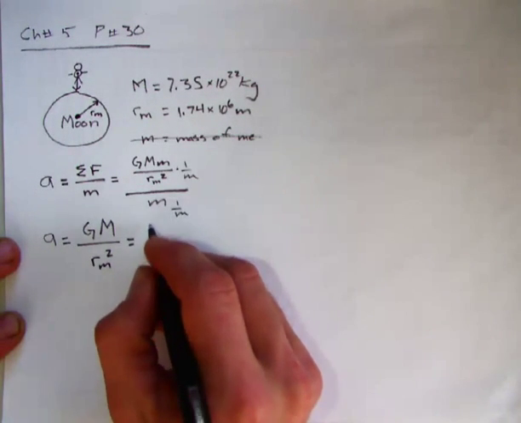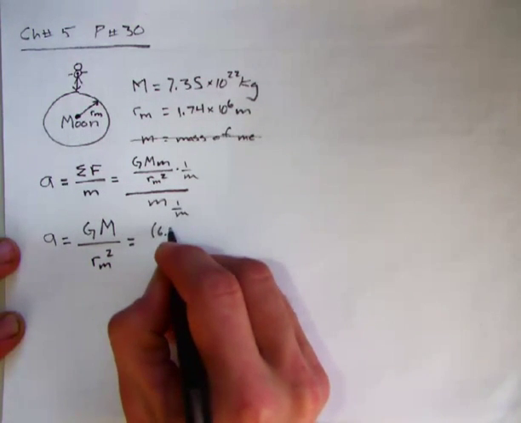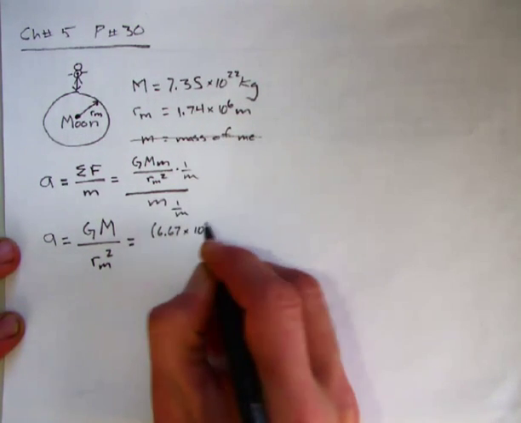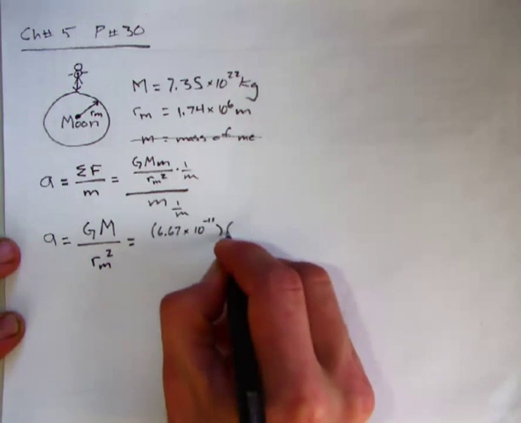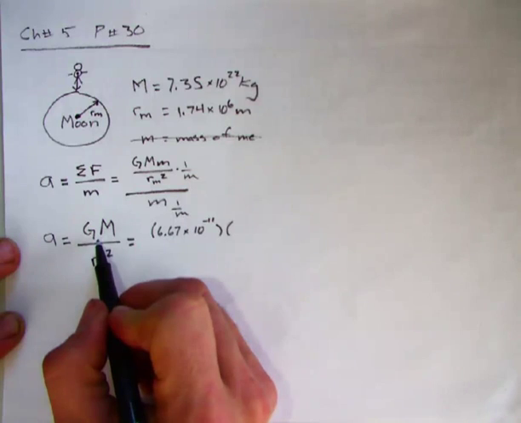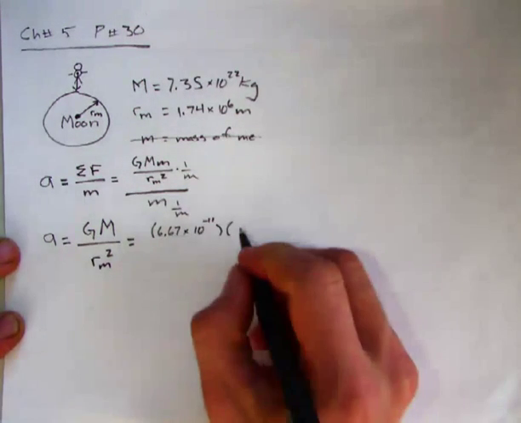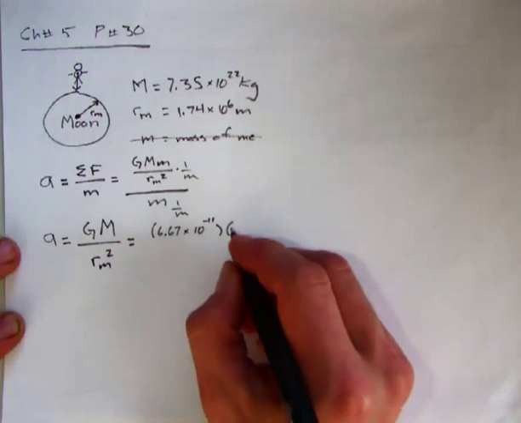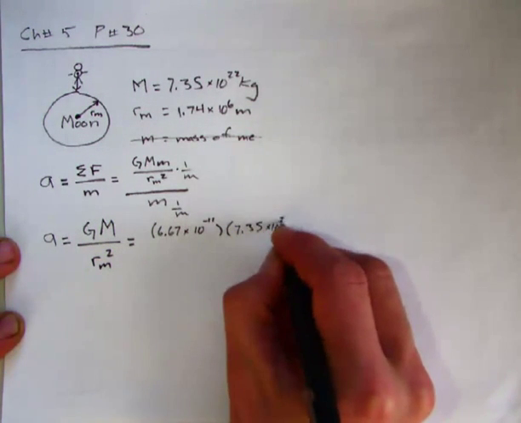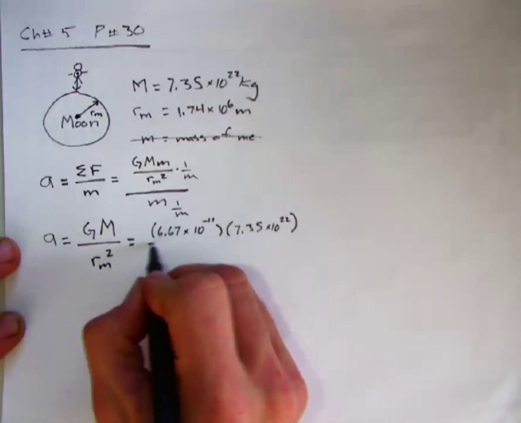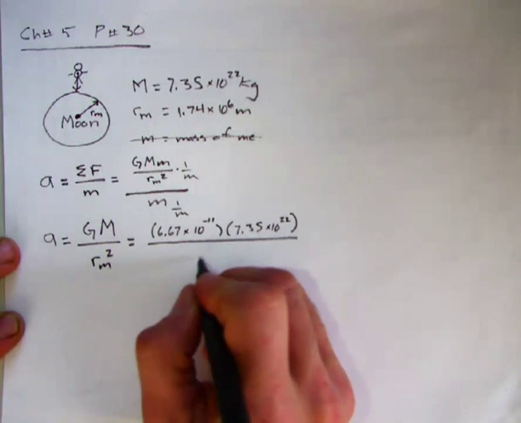Okay, let's plug in some numbers here. Big G, Newton's universal gravitation constant, 6.67 times 10 to the minus 11th. You can find this number on your table of information. Don't have to memorize that. Mass of the moon, 7.35 times 10 to the 22nd. And the radius of the moon here.